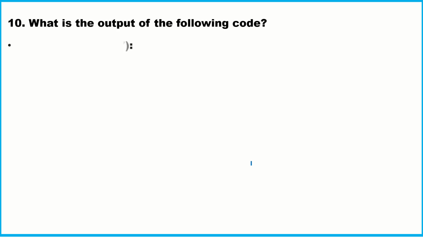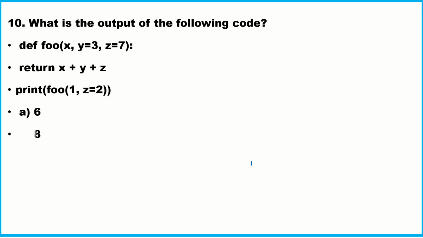Next one. What is the output of the following code? Here one function is given, def foo. The foo function takes three parameters: x, y and z, with default values.